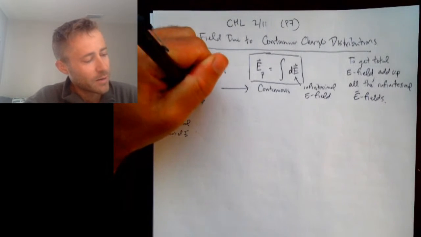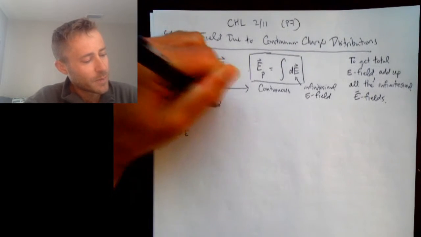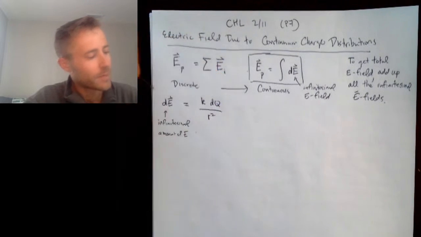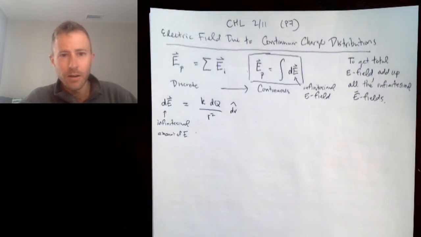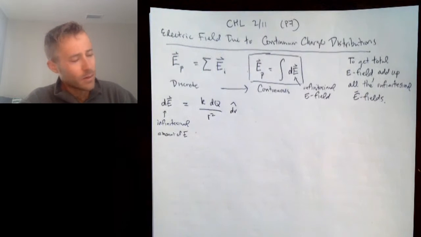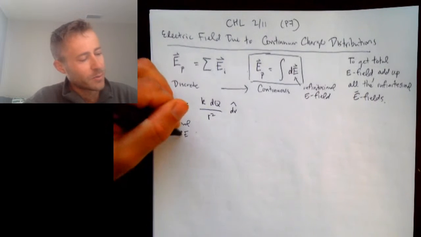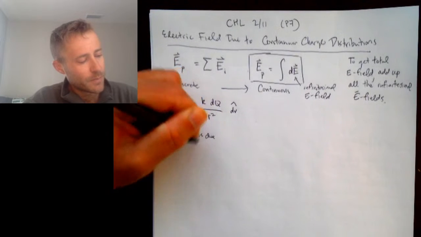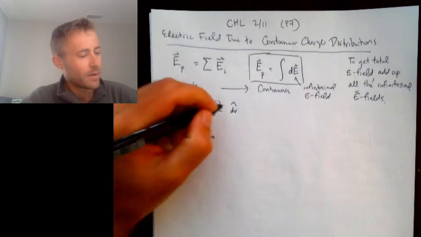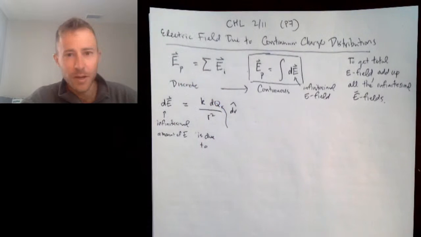It's K dq over r squared times a direction vector. So the infinitesimal amount of electric field is due to an infinitesimal amount of charge.